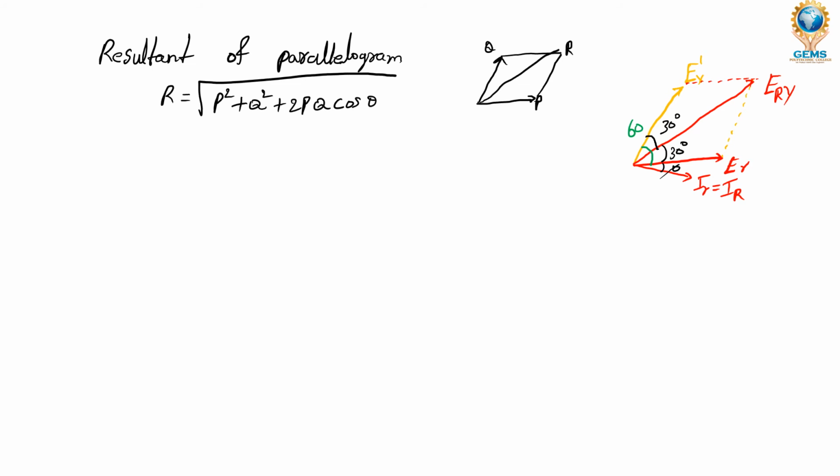This we have ERY. ERY equals square root of P square plus Q square plus 2PQ cos theta, where P is ER, so ER square, plus Q is EY, so EY square, plus 2 into ER into EY into cos theta.